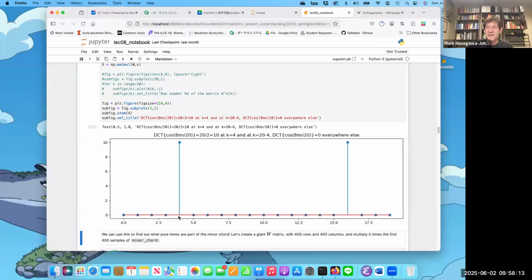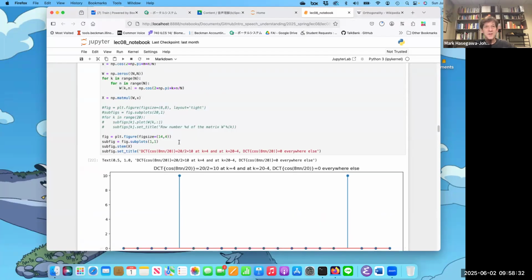This is the same as that aliasing that we saw 2 weeks ago, where this frequency looks exactly the same as this frequency. And so they wind up with the same value. You can think of it as half of the energy went to this sample, and the other half of the energy went to this frequency. So we have the frequency 4, which is the true frequency of the cosine.